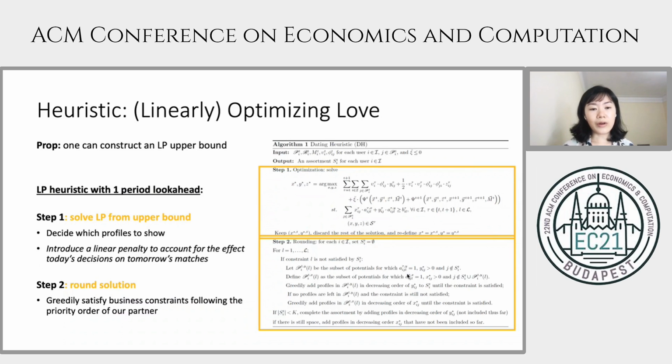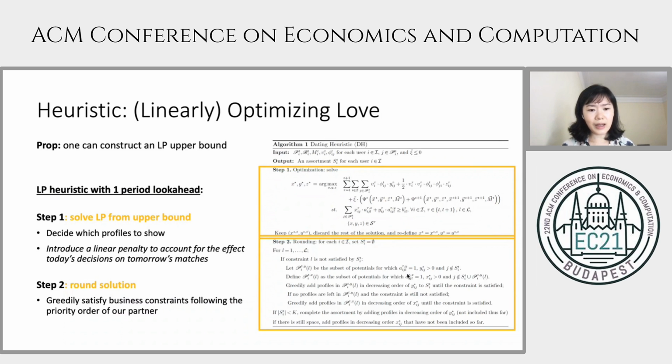First, we decide which profiles to show. We introduce a linear penalty term to account for the effect of today's decision on tomorrow's matches. So we reintroduce our dynamic effect here, into this LP from the upper bound.